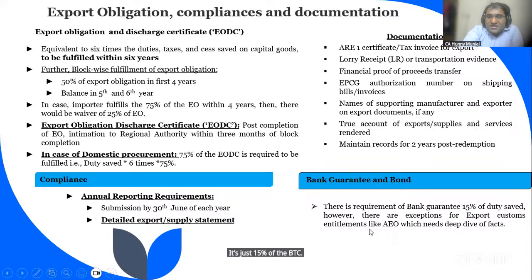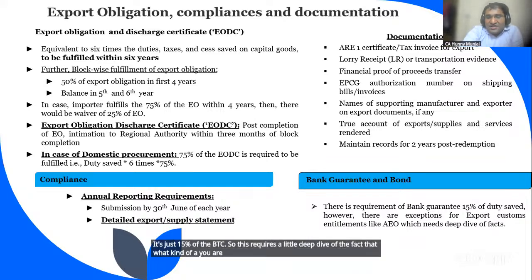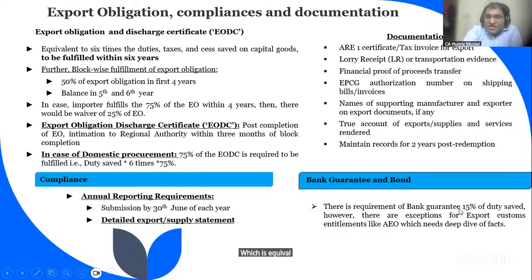This requires a little deep dive into the facts, such as what kind of AEO you are, and which tier, 1, 2 or 3, you are in. Then the bank guarantee requirement can be waived off by the customs department.